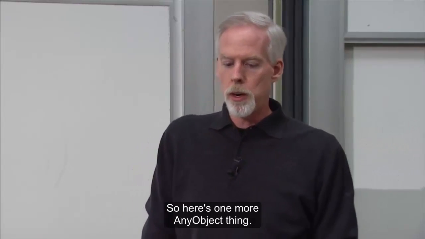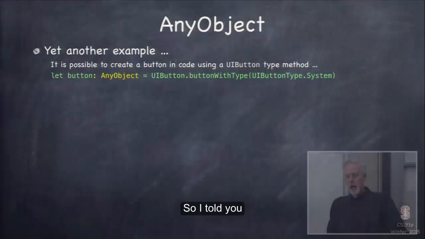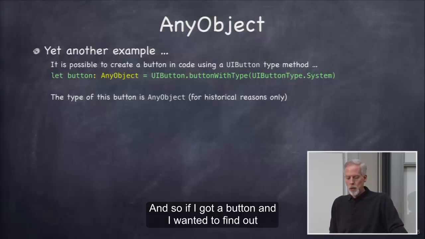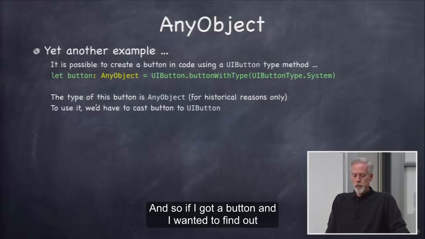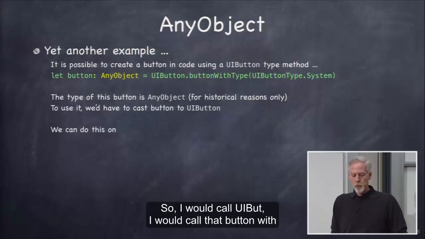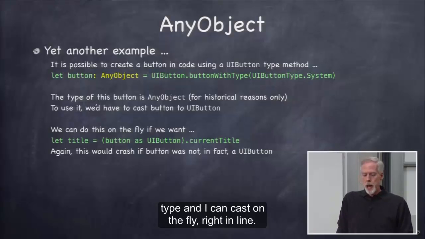But anyway, here's one more any object thing. Let's go back to that button thing. So I told you the button with type returns any object. Okay? And so if I got a button and I wanted to find out its title or something like that, I have to cast it. So I would call that button with type, and I can cast on the fly, right inline.